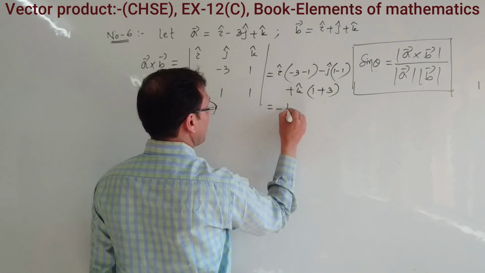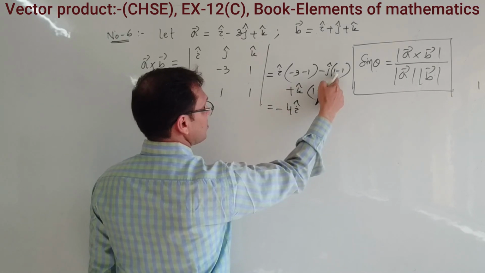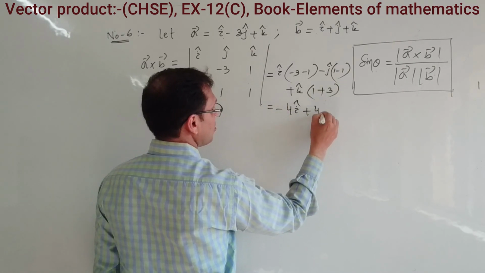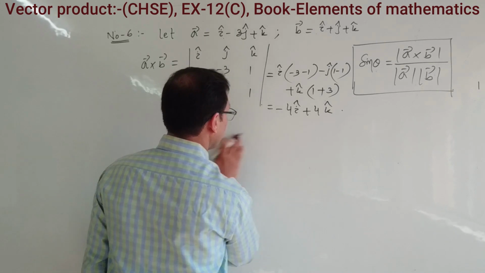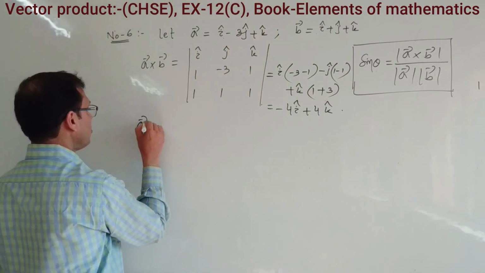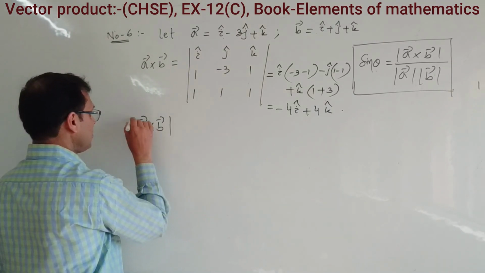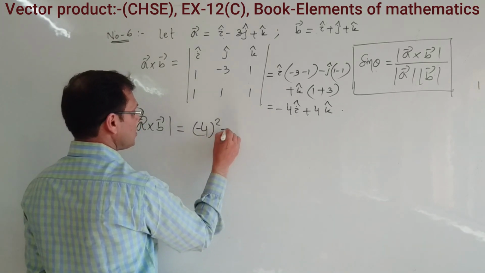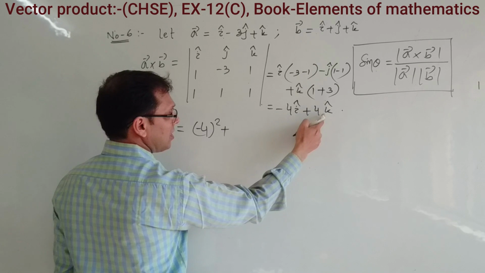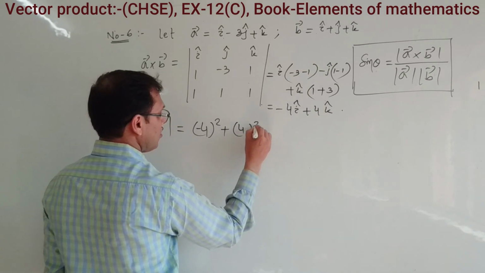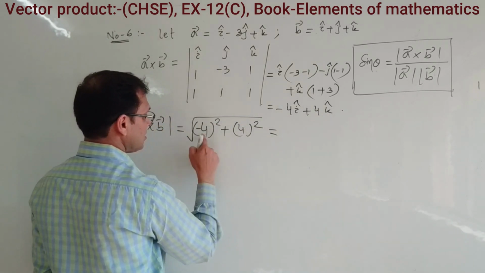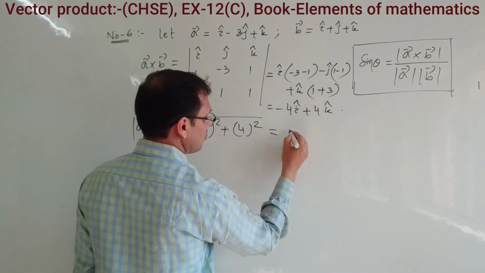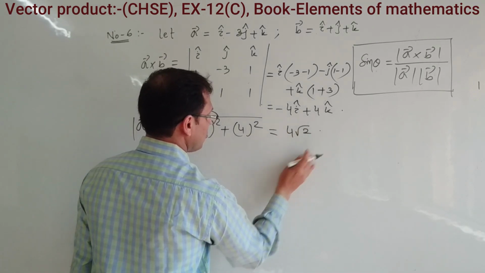This is nothing but minus 4 i cap, this one is 0, and plus 4 k cap. Now you have to find the magnitude of A cross B. It is the square root of the i component squared plus the k component squared, the j component is not there, that is 16 plus 16, 32, 16 into 2, that is 4 root 2.